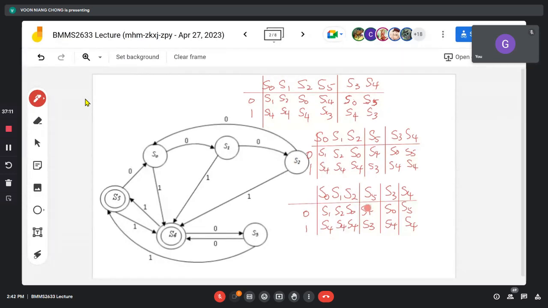So this is the answer for part 3. Find the partition of the state set corresponding to the machine components with as few classes as possible. This is for part 3.